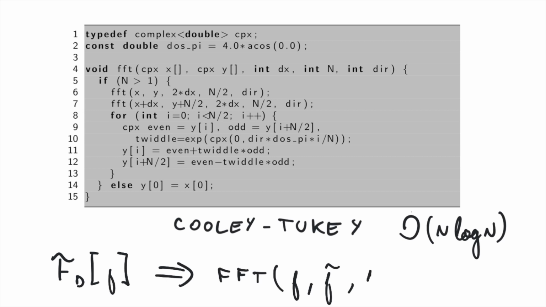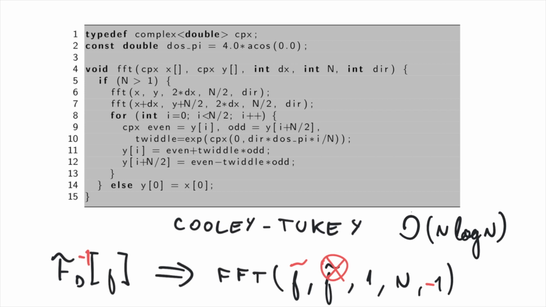We put a 1 for the first recursive call, the number of elements, and 1 to state that you want the transform. And if you want the inverse, then you have to put a minus sign there, and of course just put your transform and your coordinate space sequence in the reverse order.